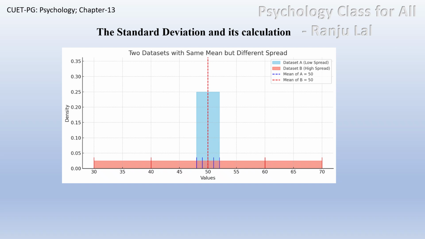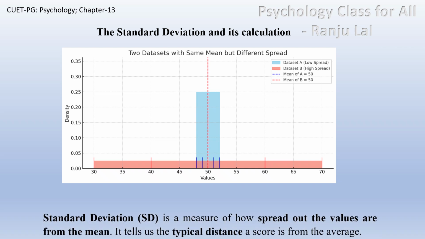Dataset B, that has high spread, and that is in orange or red color, has the same mean, that is 50, but values are more disparate, creating a wider spread. This illustrates how two datasets can have the same central tendency, mean, but very different variability.